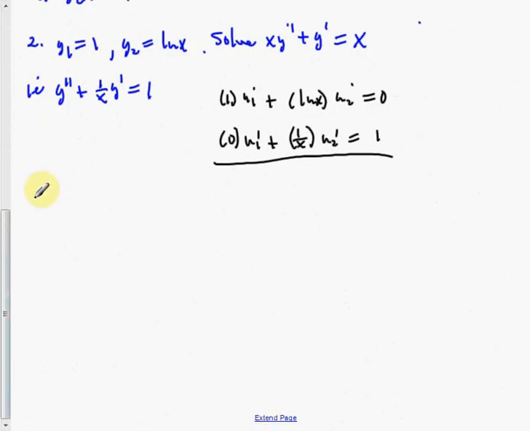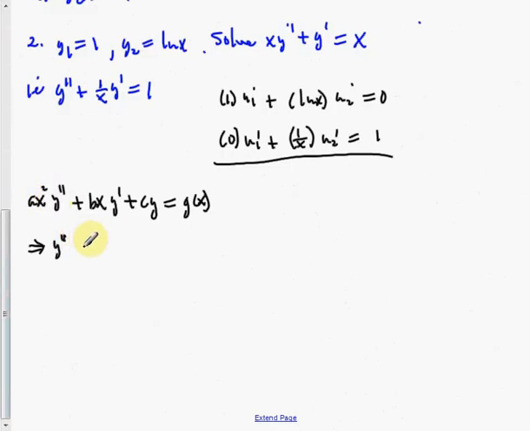If you have ax squared times y double prime plus bx times y prime plus cy is equal to g of x, this is the non-homogeneous second order Cauchy-Euler equation, right? Well, you convert that into the proper form by dividing through by ax squared.